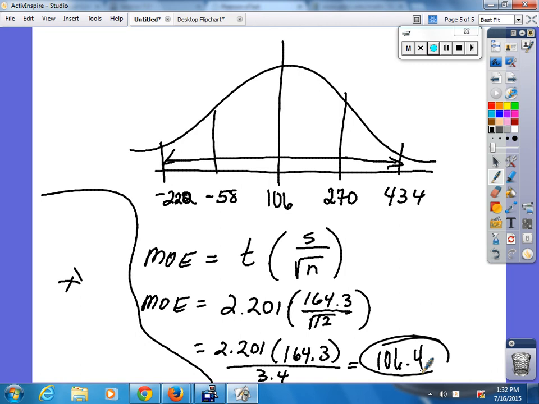So our population mean, I can't tell what they've given us right now, but usually the mean is 106 here, and the margin of error is 106. It's going to fall between 212 and 0, pretty much.